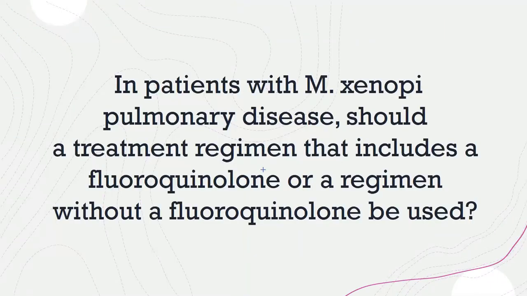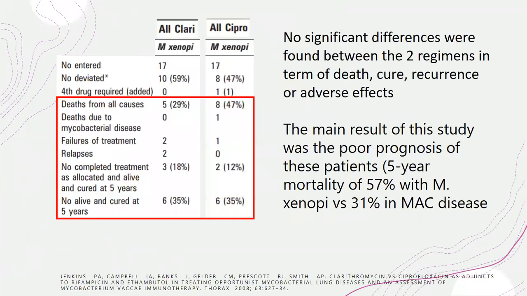If you have a patient who has Mycobacterium xenopi, do you use a fluoroquinolone regimen or one without a fluoroquinolone? Very simply, there was one randomized clinical trial which randomized these patients to either ciprofloxacin or clarithromycin. When treated with either agent, there was no significant difference between the two regimens in terms of death, cure, recurrence, or adverse effects.